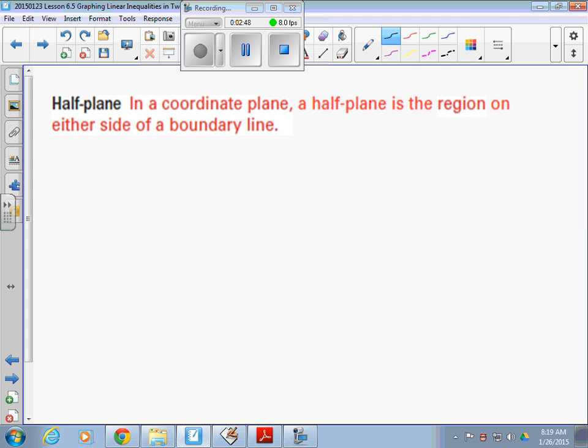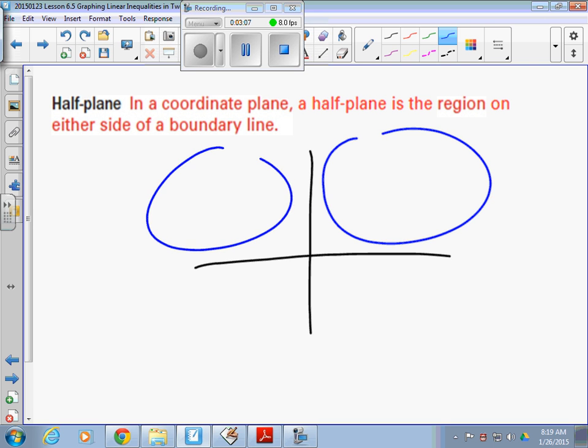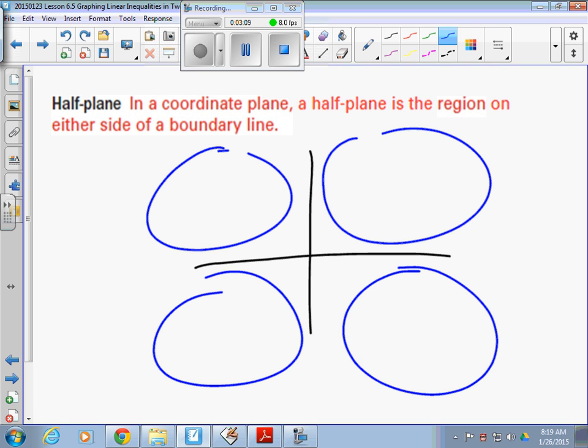And then a half plane in a coordinate plane is the entire region on one side of the boundary line. When you make a coordinate plane like this, you create 4 regions. You create quadrant 1, 2, 3, and 4. We know about quadrants 1, 2, 3, and 4. We're taking it a step further.